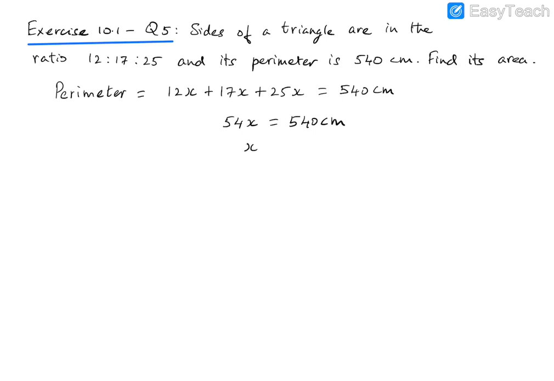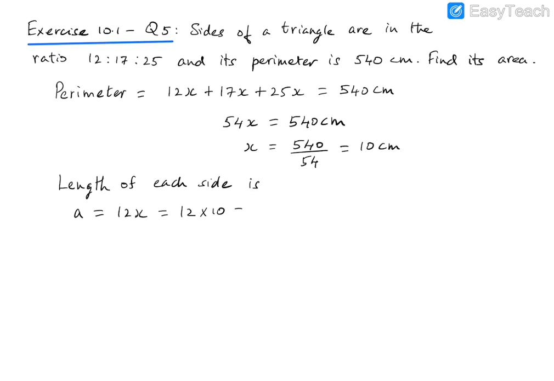So from this we get the value of x as 540 divided by 54, which is simply 10 centimeters. Okay, so now that we have the value of x as 10 centimeters, we can calculate the length of each side. Let's say the first side A is 12x, so 12 into x is 10, so we get 120 centimeters for the first side.